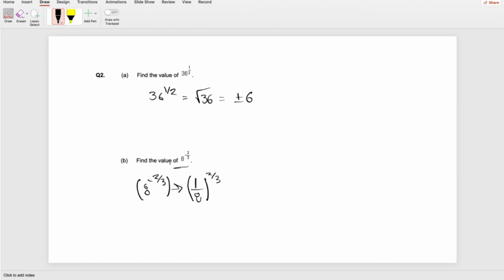Now you have a fraction here, and the top number is not a 1. Now, this might seem a bit difficult, but it's really easy. You just split it. 2 over 3 is like saying 2 times 1 over 3. You can change it into another form like this.